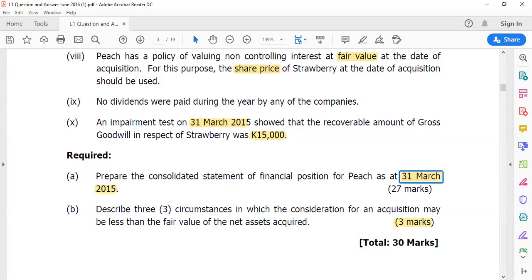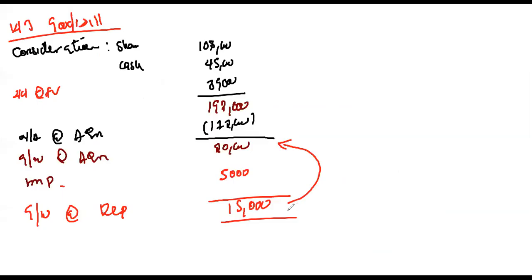So what do we do? The recoverable is this guy. This is what we are calling the recoverable. That's our recoverable figure. It is the figure that goes to the SFP. So you simply go and post to SFP.